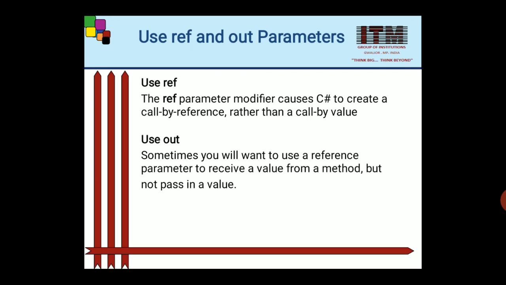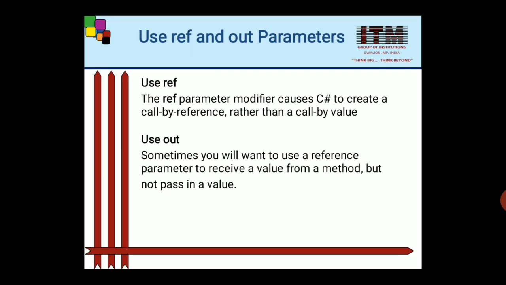For example, what if you want to create a method that decomposes a floating point number into its integer and fractional parts? To do this requires that two pieces of information be returned, the integer portion and the fractional component. This method cannot be written using only a single return value. Here the problem is resolved by the out modifier.